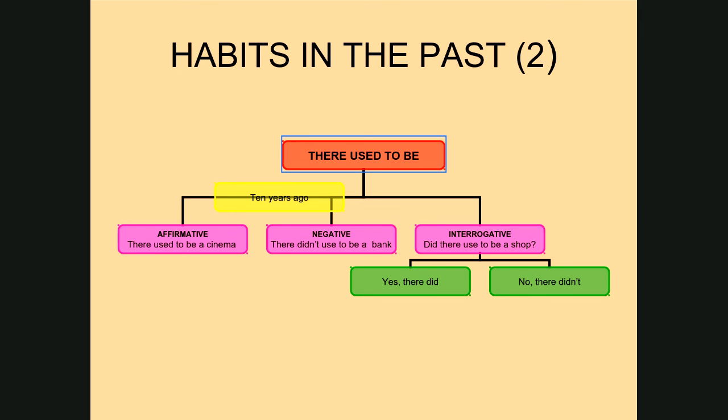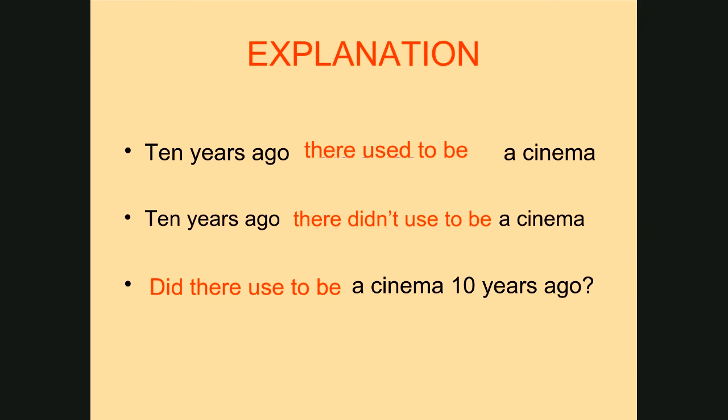Let's observe. Ten years ago, there used to be a cinema, but now the cinema is not there. There didn't used to be a bank. And the question: did there used to be a shop? Yes, there did, or no, there didn't. Ten years ago, there used to be a cinema.